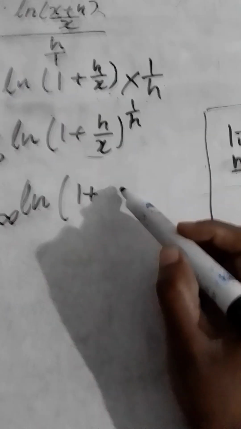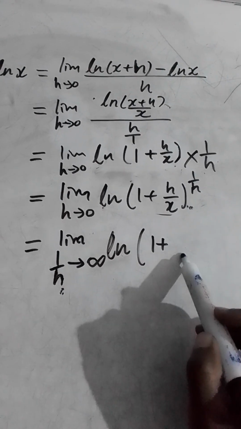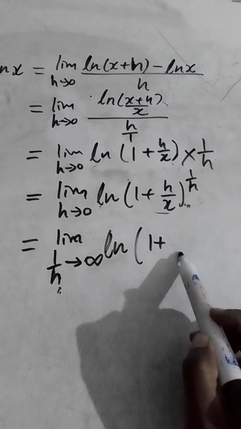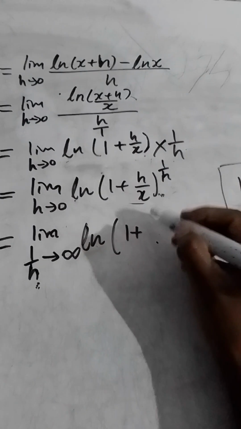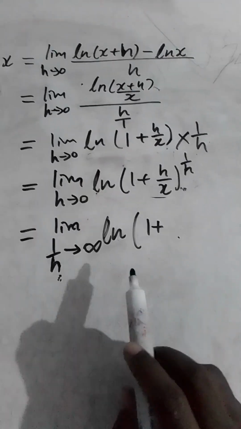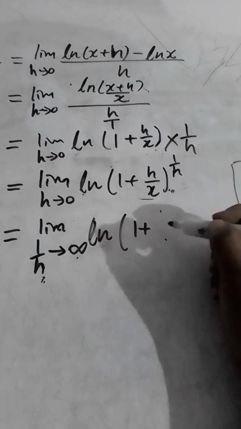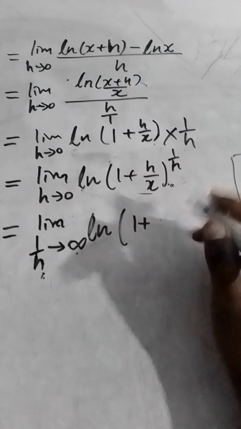So even in our expression here, we must have 1 over h at the bottom. Right. So in the bracket, we must have 1 over h also in the exponent. We already have 1 over h there. We've changed this to 1 over h, and then it goes to infinity. Now we must make sure there's 1 over h in the bottom. And this is exactly how we do it.